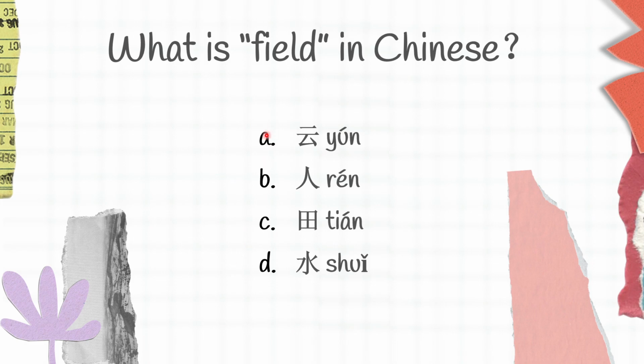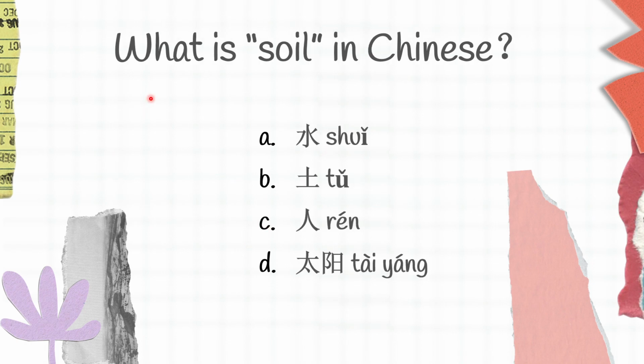So Yun is cloud, Ren is people, Tian is field, and Shui is water. So field in Chinese is C. Tian.